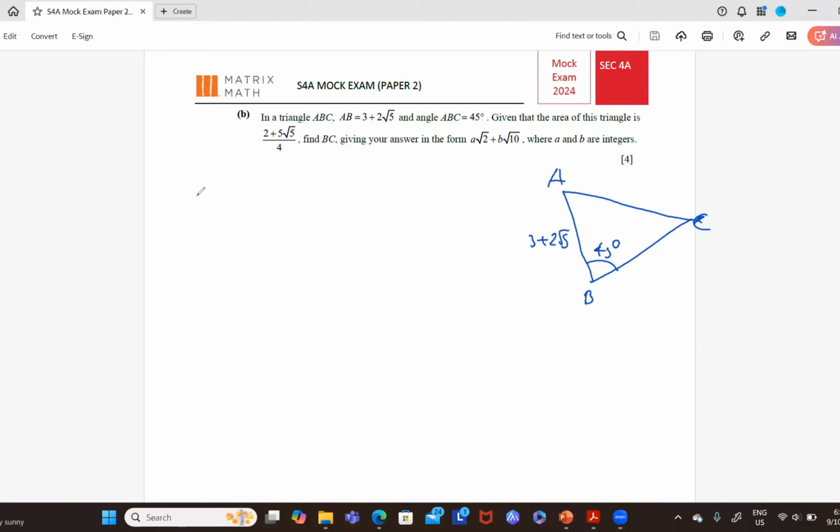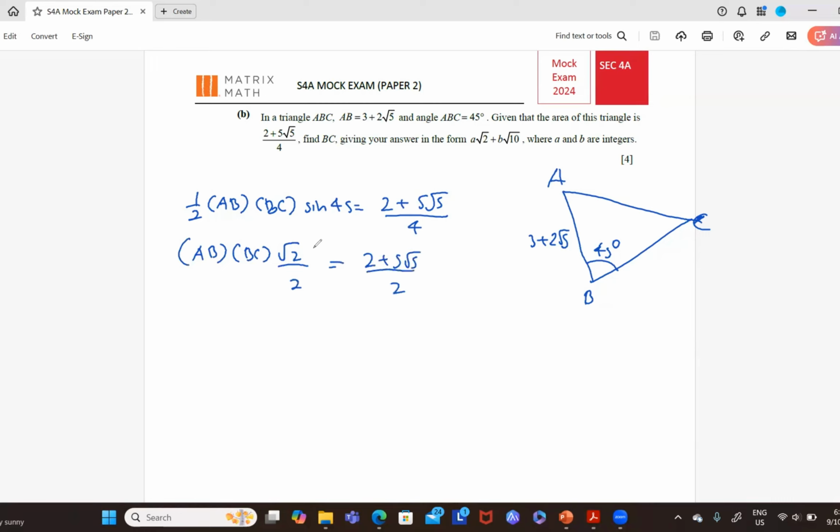Okay. So half AB, BC, sine 45 equals 2 plus 5 square root 5 over 4. Okay, so times 2 on both sides, you will simply get AB times BC times sine 45. Sine 45 is 1 over square root 2, or you can write it as square root 2 over 2.